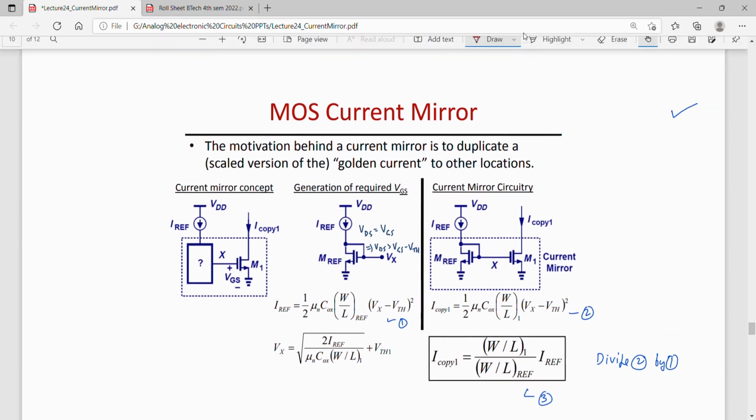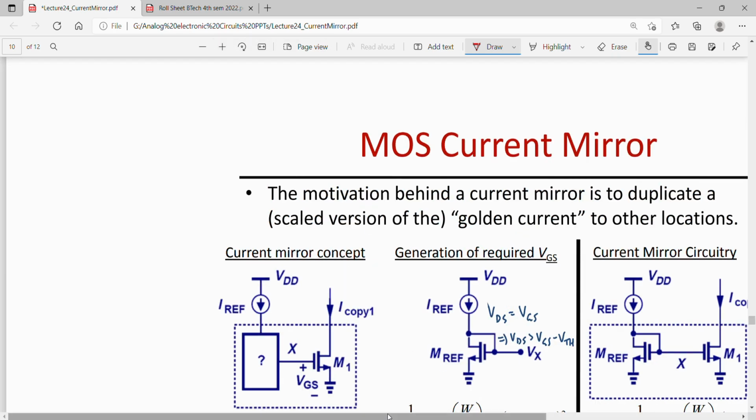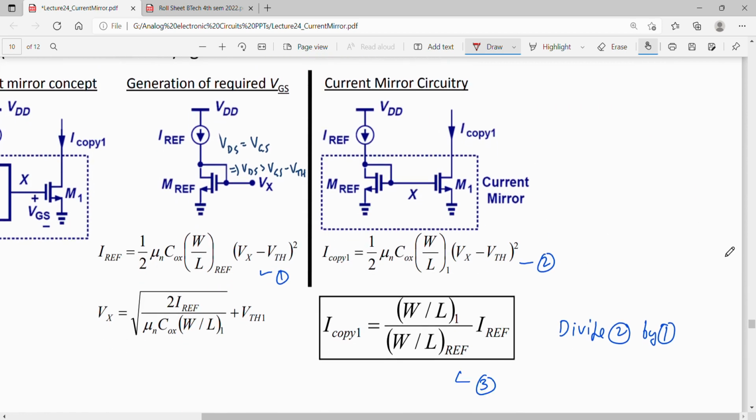Now, apart from having a BJT based current mirror, one can also think of using a MOSFET for making a current mirror, right? So the same current mirror circuit can be implemented by using a MOSFET. So for example, here M1 and MREF are MOSFETs. Again, gate and drain are shorted over here, which will ensure that this transistor is always in saturation.